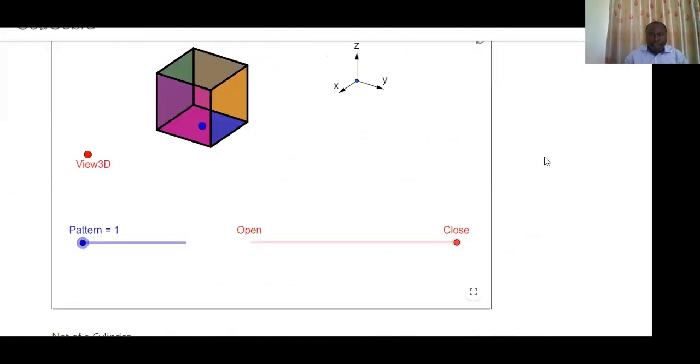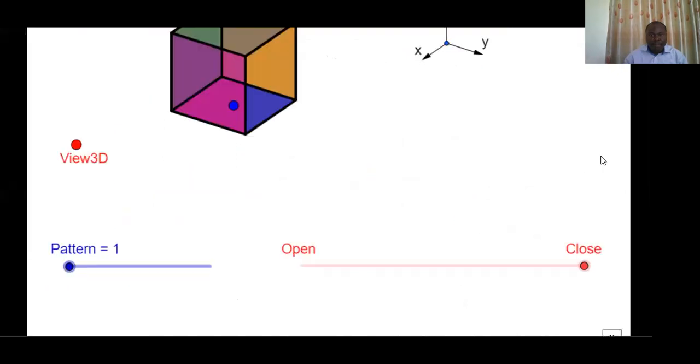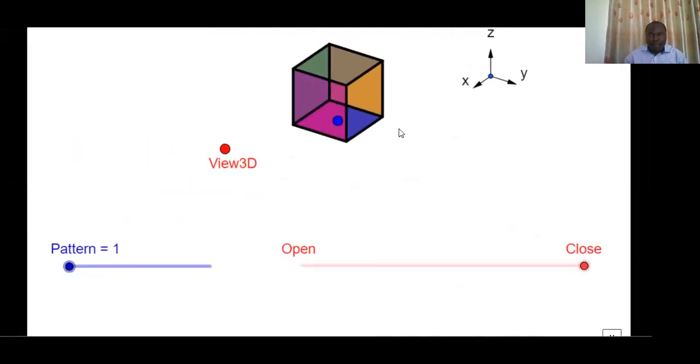We have this example here, which is so common. This is a three-dimensional shape, known as a cube. Now, what does a net mean? A net is a shape that you get after opening a three-dimensional shape.